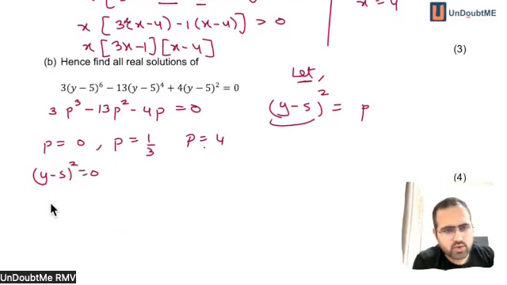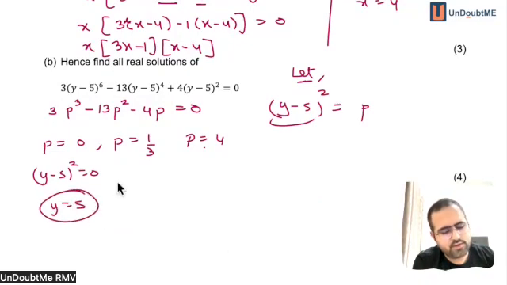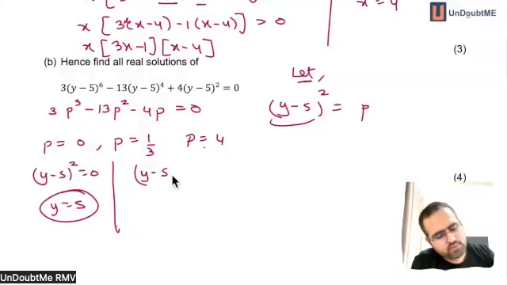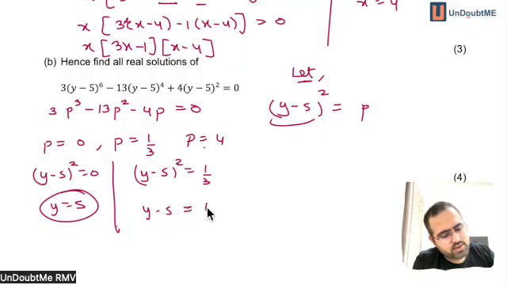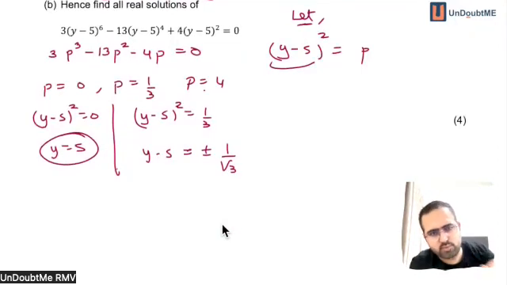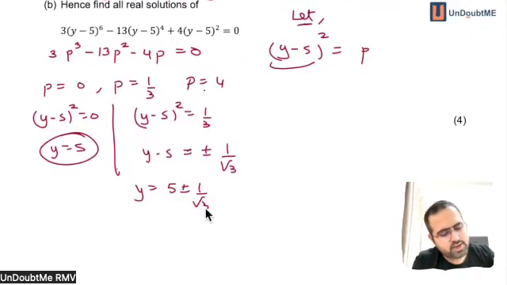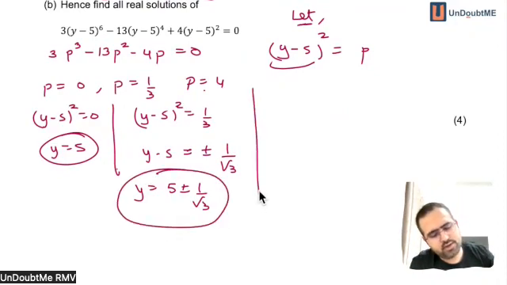When I take the square root, I will get y is equal to 5, only one value. From here, y minus 5 square is equal to 1 by 3. Taking square root will give me y minus 5 is equal to plus minus 1 by root 3. Plus minus is important. The value of y will be 5 plus minus 1 by root 3. Two values of y from here.